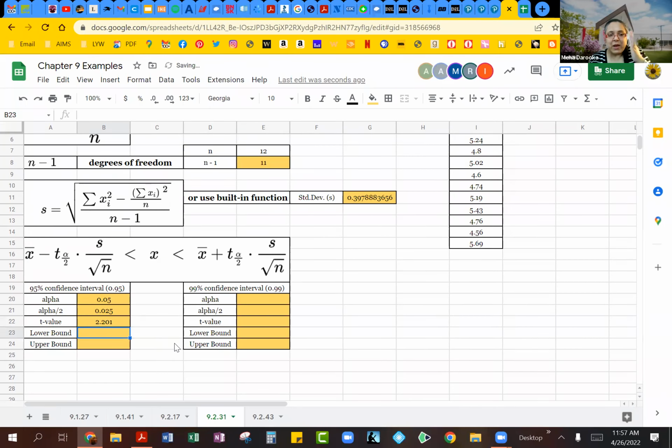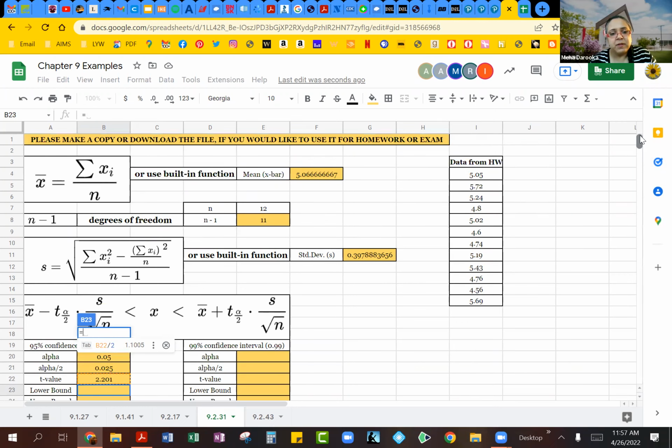Alrighty, so now we're ready to calculate our lower bound and our upper bound. So just going to follow the formula. You have X bar, so just going to click on that cell, minus my t value, 2.201, multiply that by the standard deviation. We just calculated that.